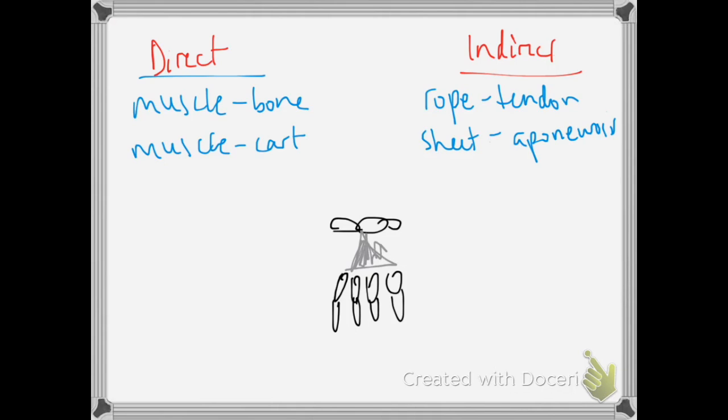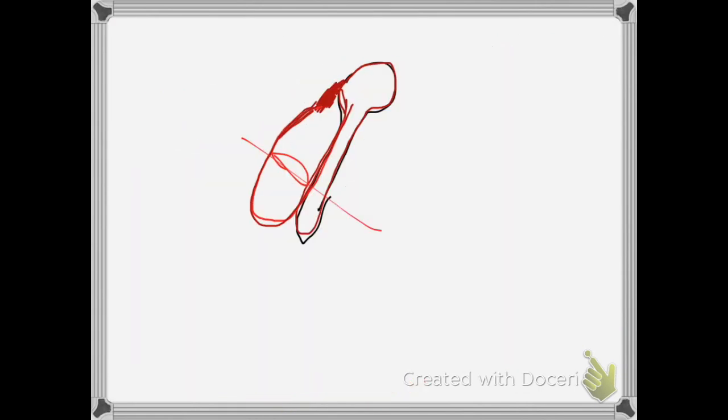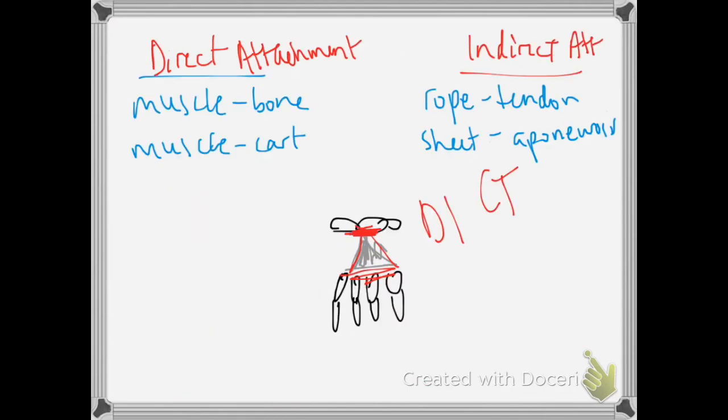So when these muscles in my wrists are contracting, I get this indirect connection to these bones that allows for this movement to occur. So direct attachments, we don't see too many of these, and then these indirect attachments are made of dense, irregular connective tissue, and we've seen the rope-like tendon back here, and then we saw the aponeurosis right up here.